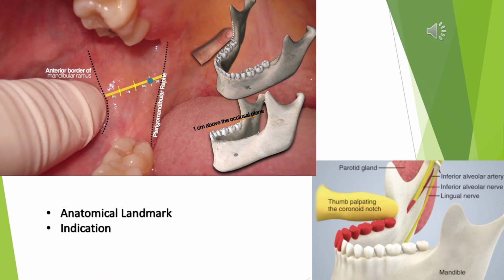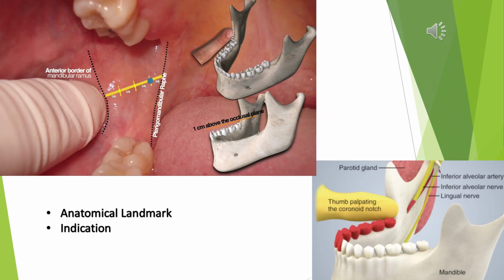This block anesthetizes the lingual nerve at the same time. When I am giving the inferior alveolar nerve block, it also anesthetizes the lingual nerve. So if I want to do surgical procedures on mandibular teeth and supporting structures posterior to the second bicuspid, then I will give a lingual nerve block as well as a long buccal nerve block along with the inferior alveolar nerve block.